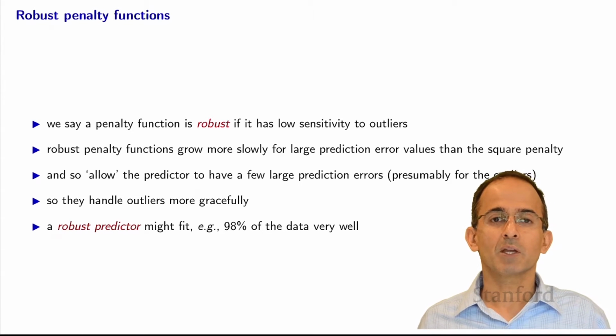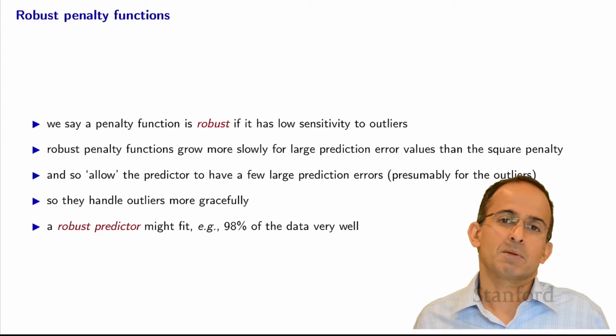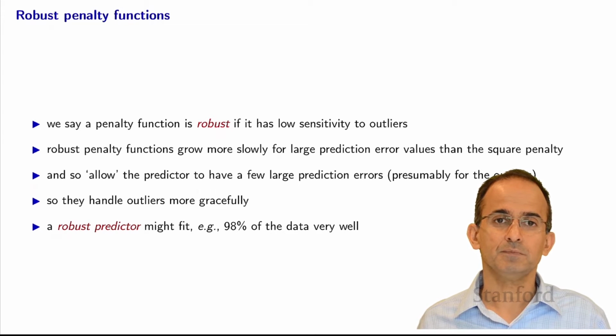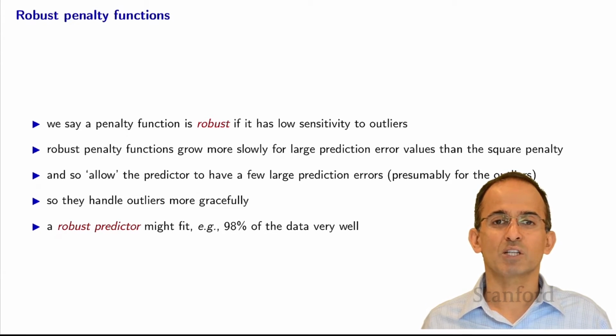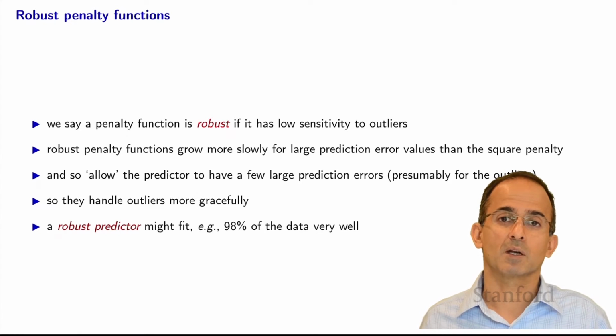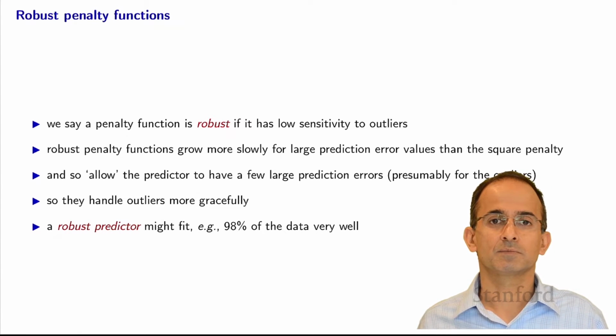And the idea is that the way you make a penalty function robust is you make sure that it grows more slowly for large prediction errors, in particular than the square penalty. And so that means that the predictor will not be predisposed to avoiding those large prediction errors, which presumably occur with the outliers. So they respond a bit more gracefully to the outliers.